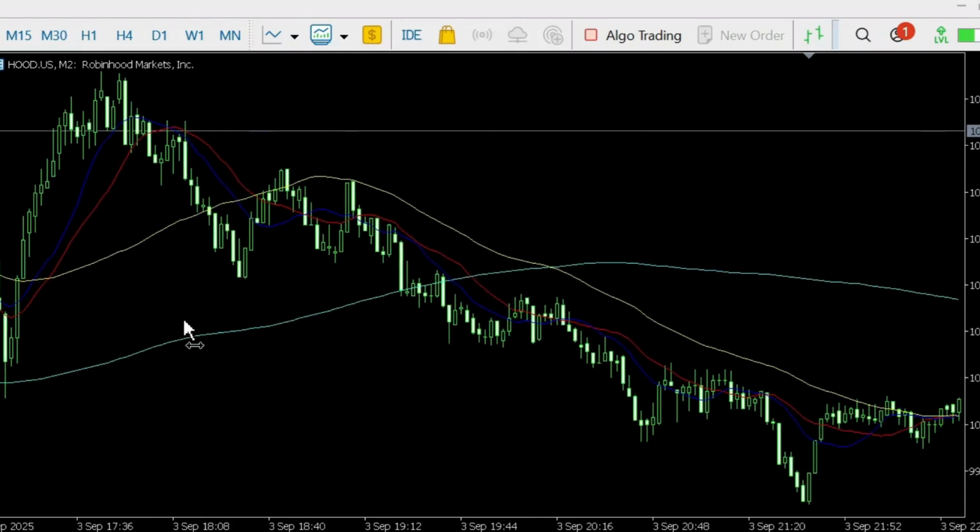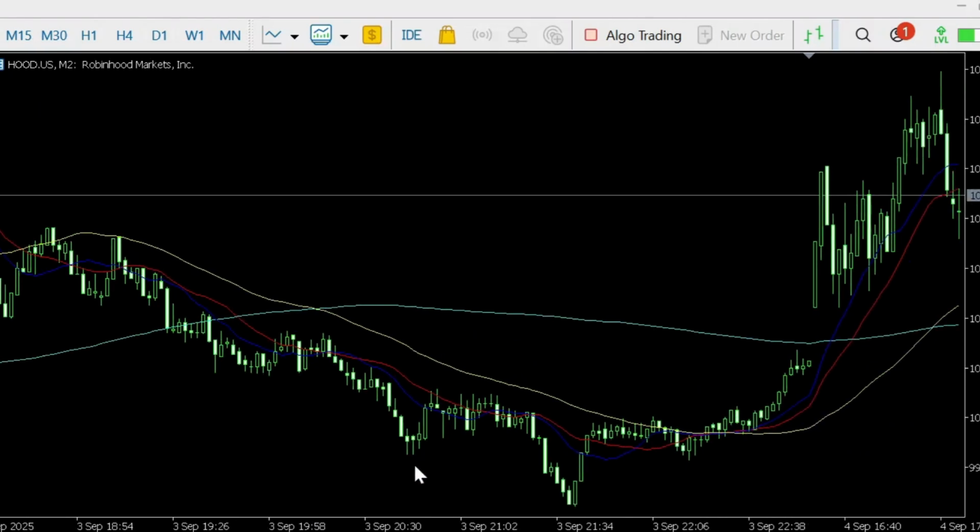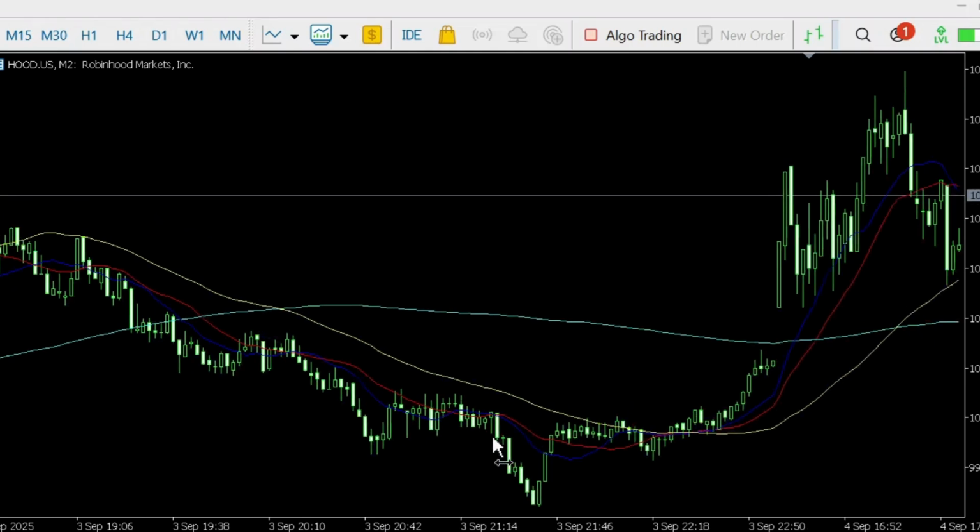Whenever you see these moving averages on top of your candles, floating through the top of your candles, know that the trend is now downwards. So you have a downward trend. And when you see them under the price action, then know that the trend is towards the upside.